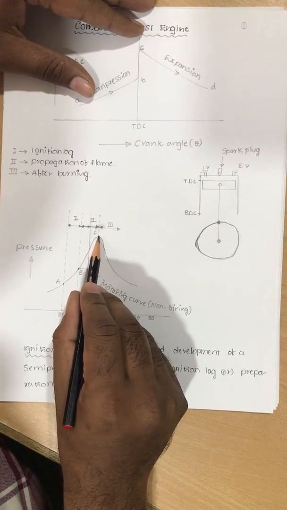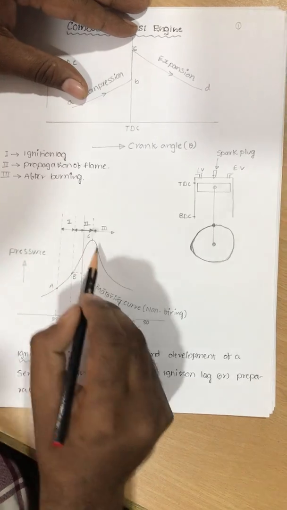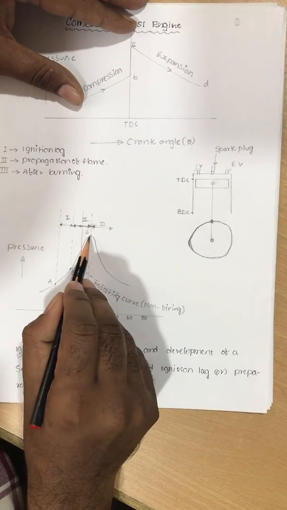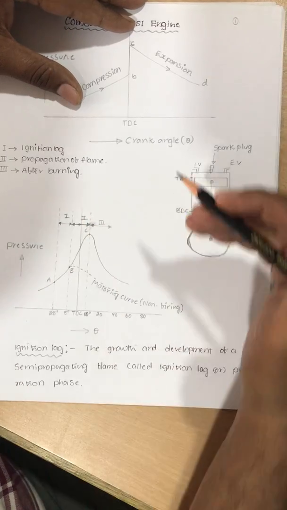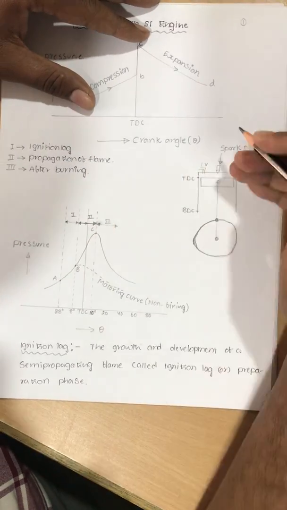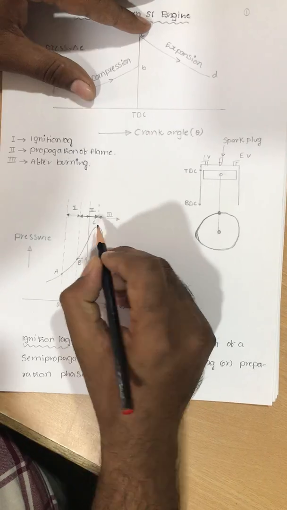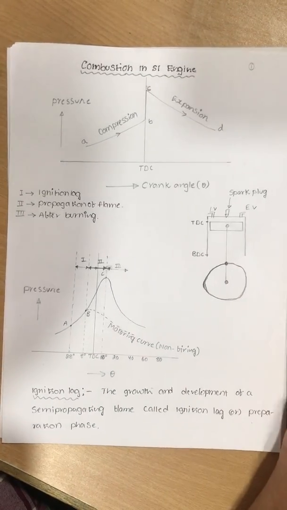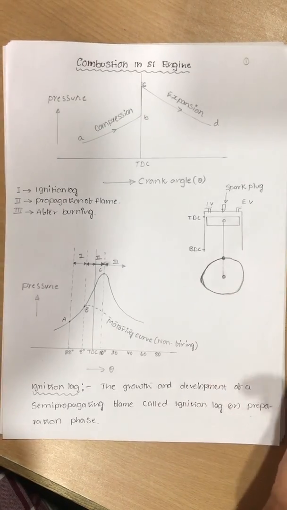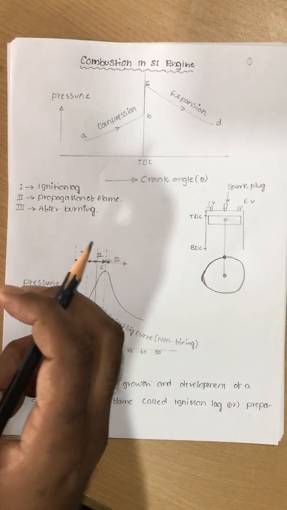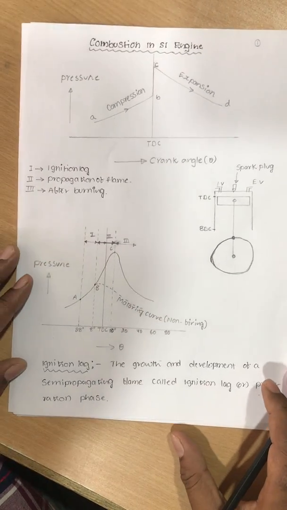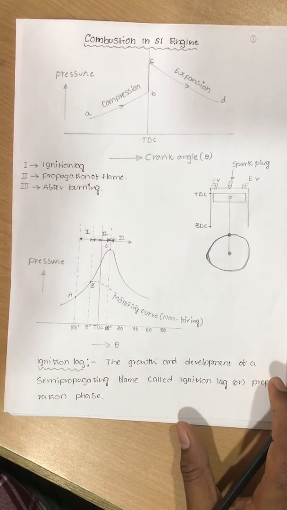After this point, in the third stage of combustion, that is after burning, the gas is already burned, but after chemical adjustment during a reassociation process, the gases mix together and release heat further. So that is called after burning. Now we will study each one in detail.